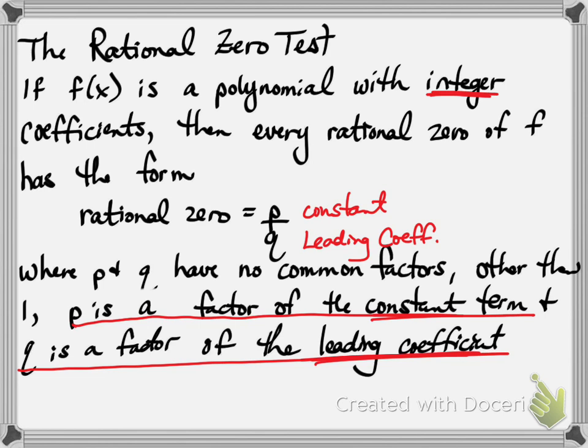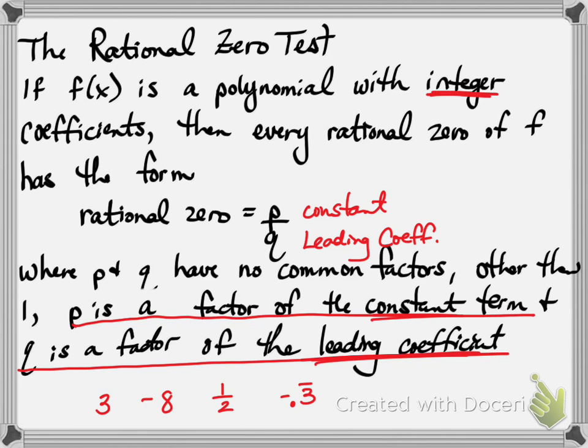Any zero that will be able to be written as a fraction, like a ratio. So it's going to help us to find the rational zeros, the zeros that are positive or negative whole numbers, or their fractions, or their repeating decimals.